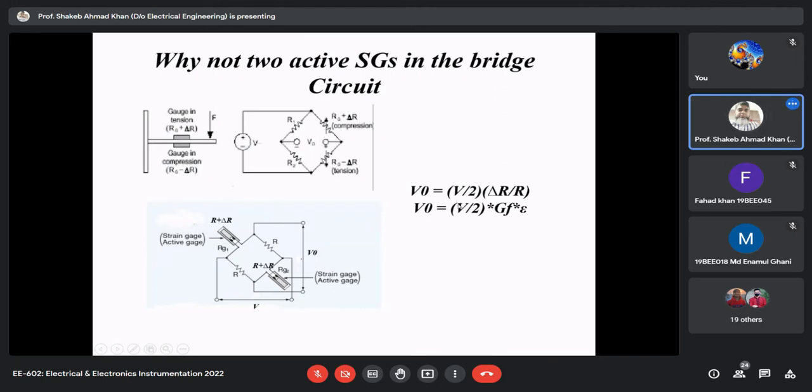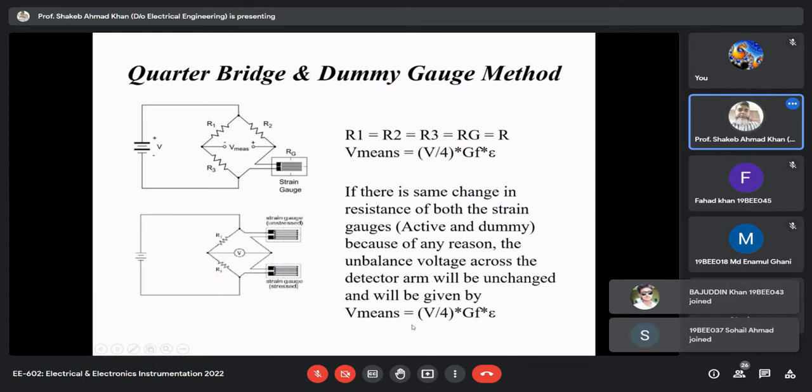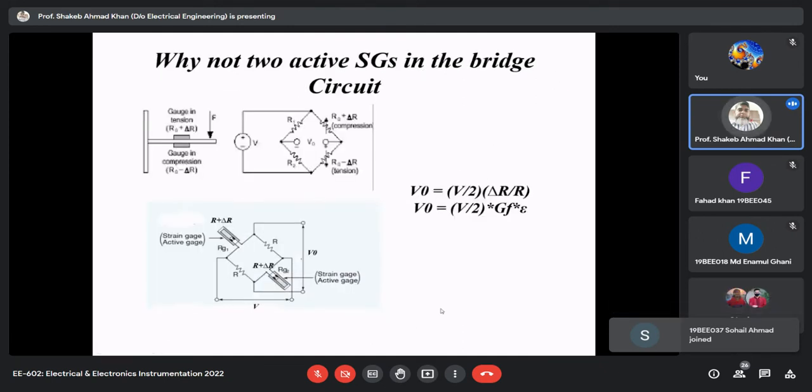Output expression. You have to do it on your own, because we have done all these things earlier. You check with that. Now if you compare the output when we are using quarter bridge, when only one strain gauge is active, then this is the output, and this is the output. I'm writing that output for quarter bridge, for the dummy gauge method.